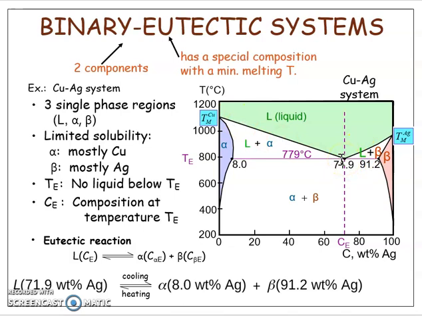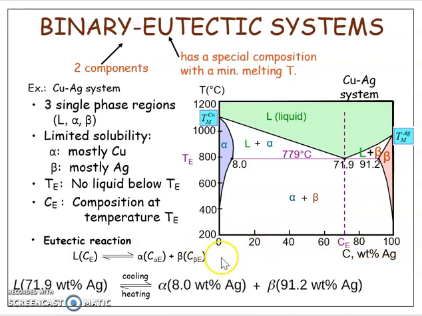So in this copper-silver system, they have three single phase regions: there is a liquid, there is this alpha, and they also have a beta. What else can we get from this graph? They have limited solubility. Alpha here is mostly copper, because as you go from this side there will be more silver.